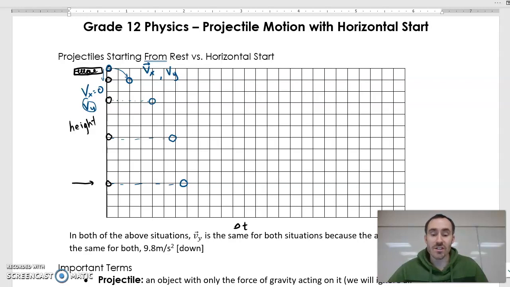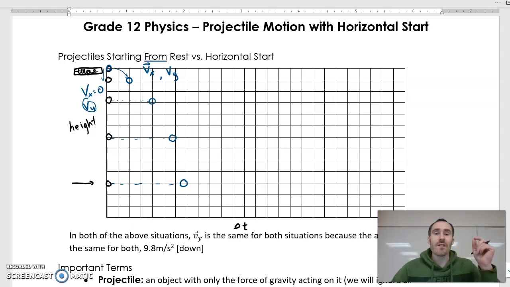A projectile is just any object that has only the force of gravity acting on it. So if you drop an object and it's in free fall, it only has the force of gravity acting on it, neglecting air resistance. And so that would be considered a projectile. Or if you would throw something forward, then it would also only have the force of gravity on it once you have let go.